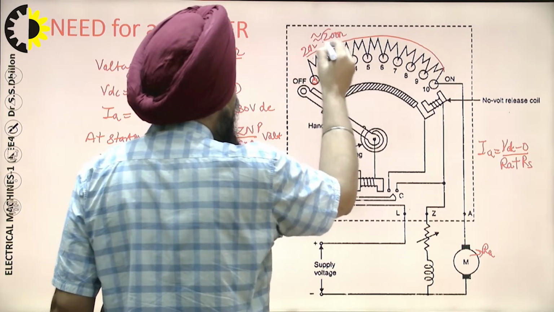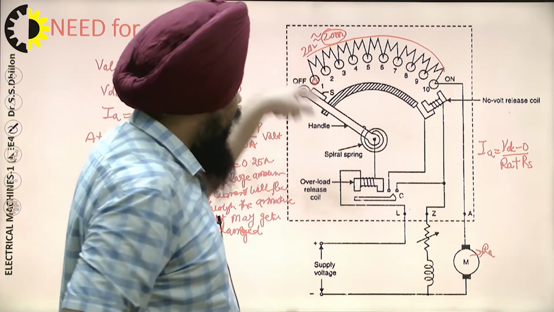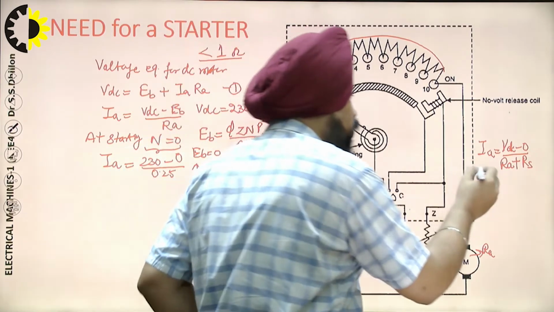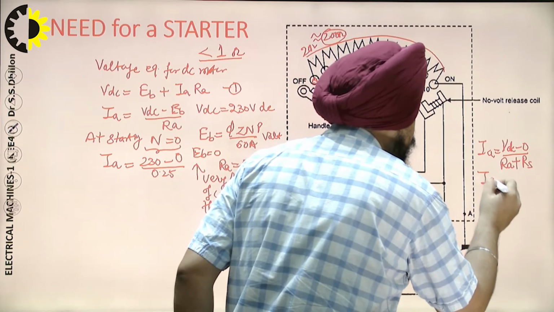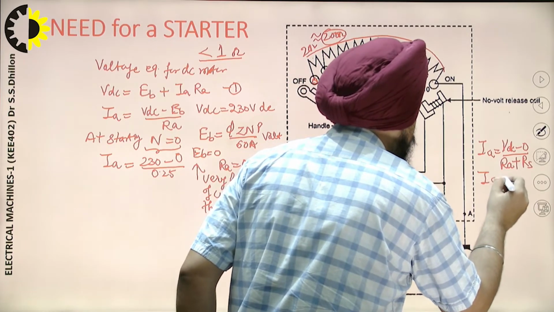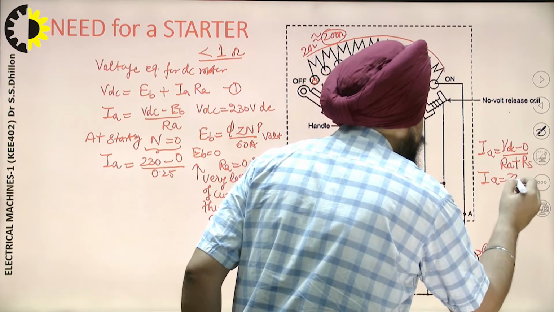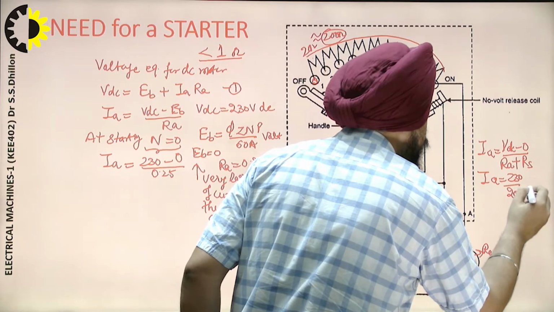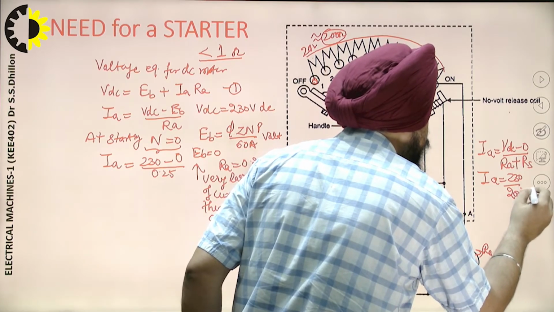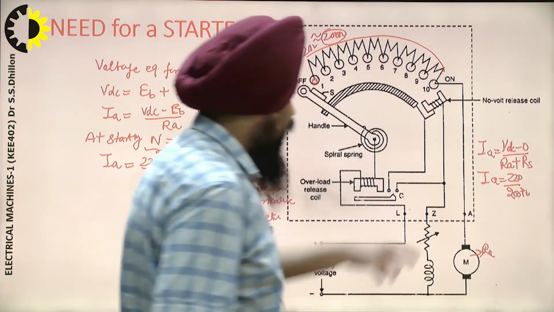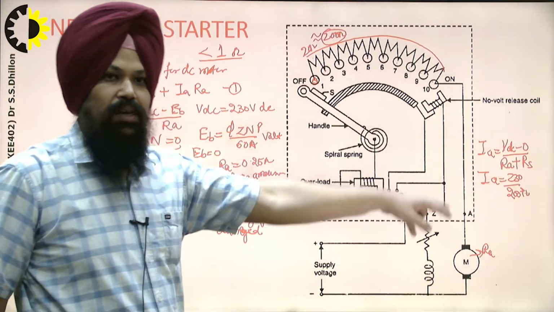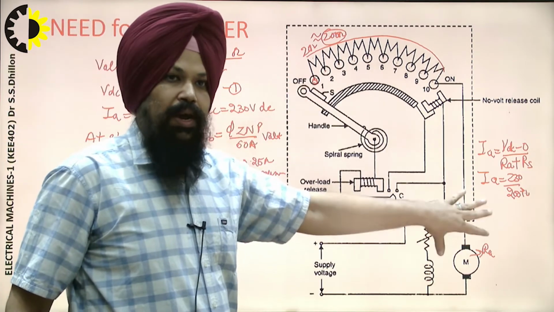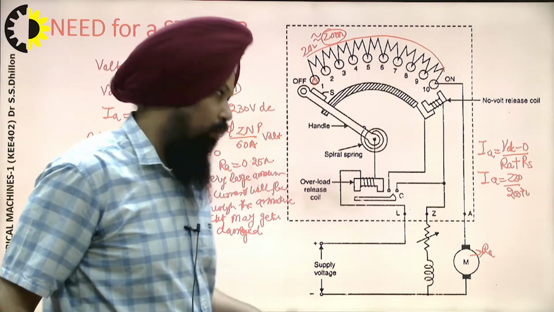So this 200 ohm at starting is added to the armature resistance, and we can reduce the current: I_A comes out to be 230 divided by 200 plus 0.25 ohm, the armature resistance. In this way we are able to control the current at starting in the DC motor, for the safety of the DC motor, with the help of this starter.